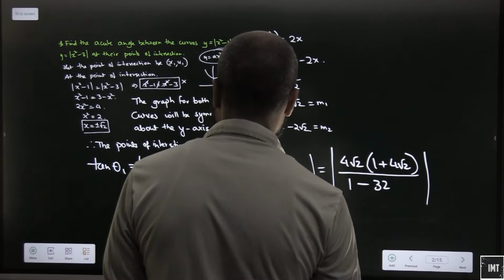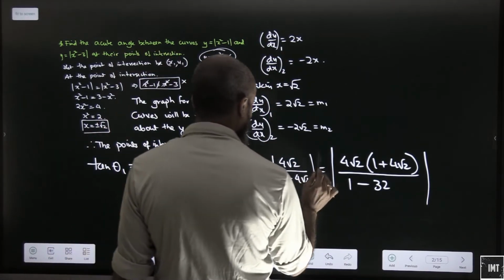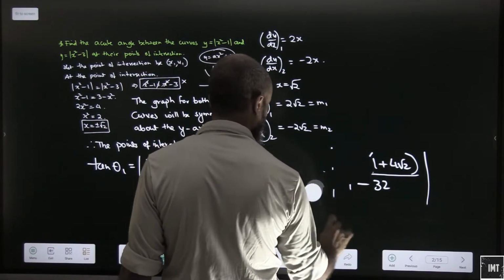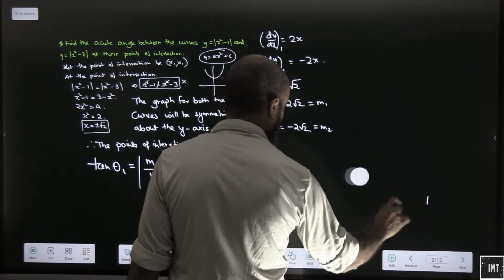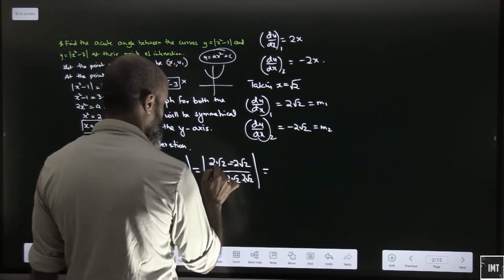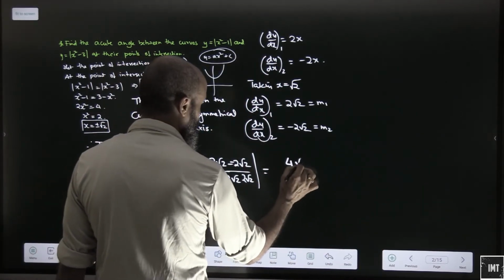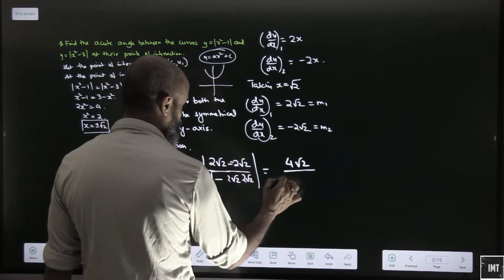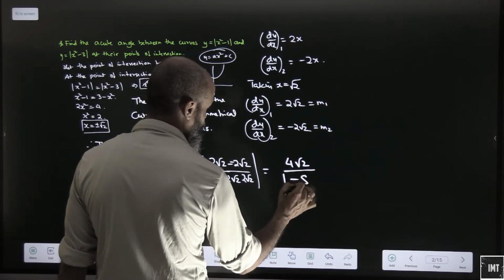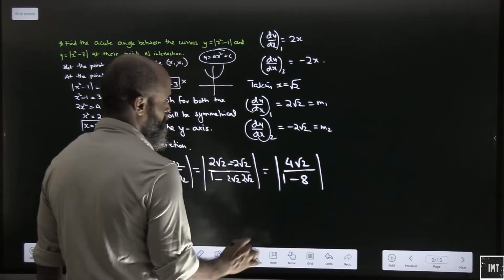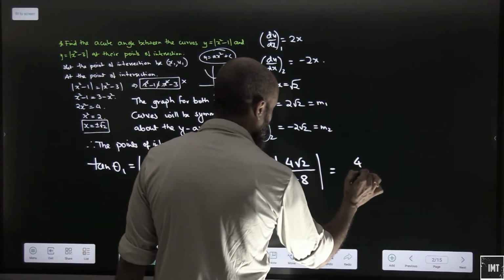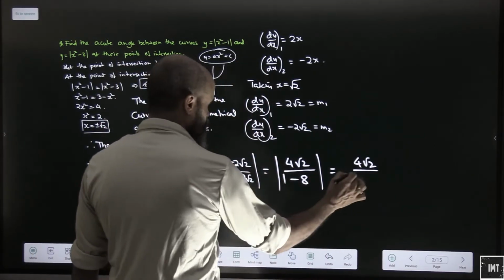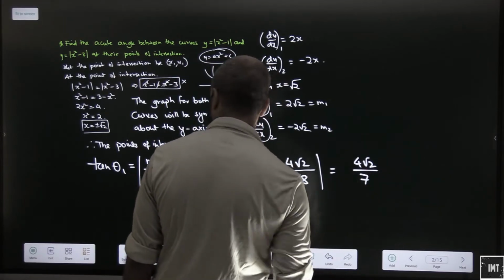Okay, I was making a mistake in the previous one. Here it will be 2, so this will be 4√2 upon 1 minus 8. So that's going to be 4√2 upon 7.